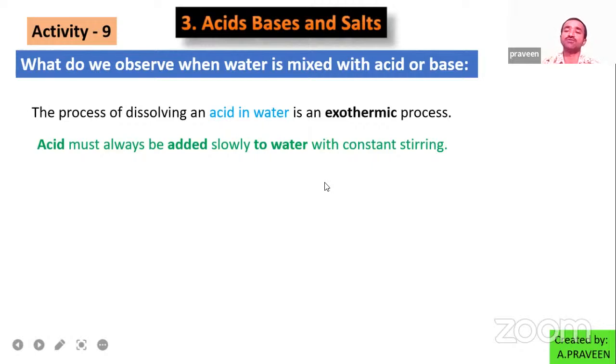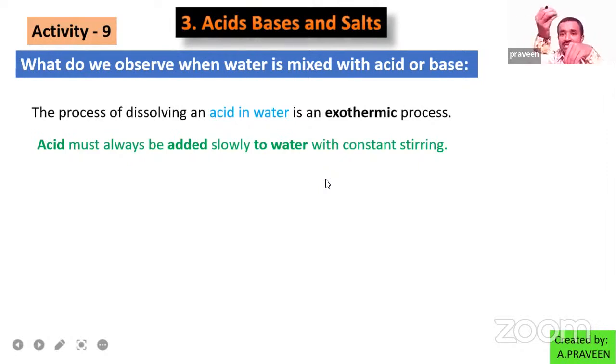What happens, sir, if I reverse this, adding water into the acid? Highly exothermic. That liberated heat energy may break the container, or the acid may spill out.